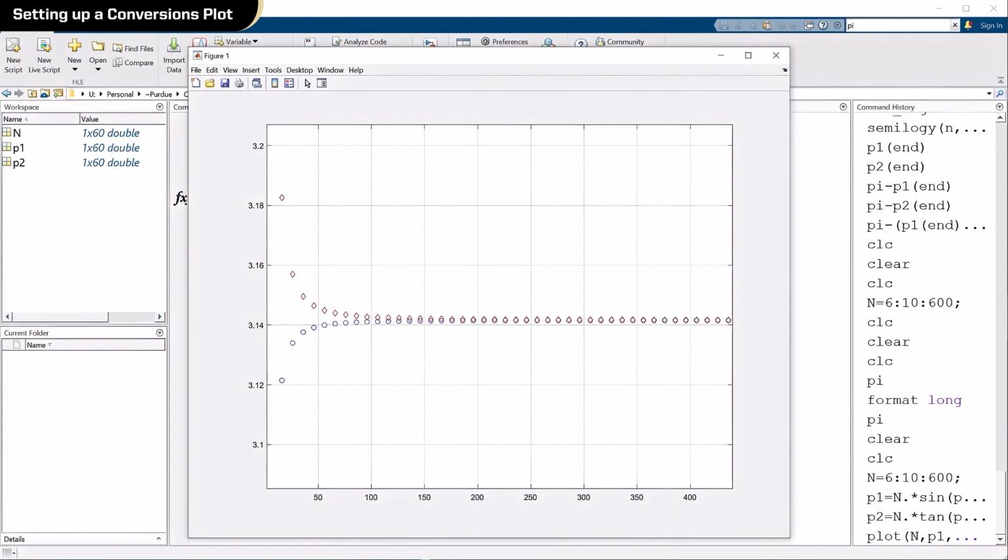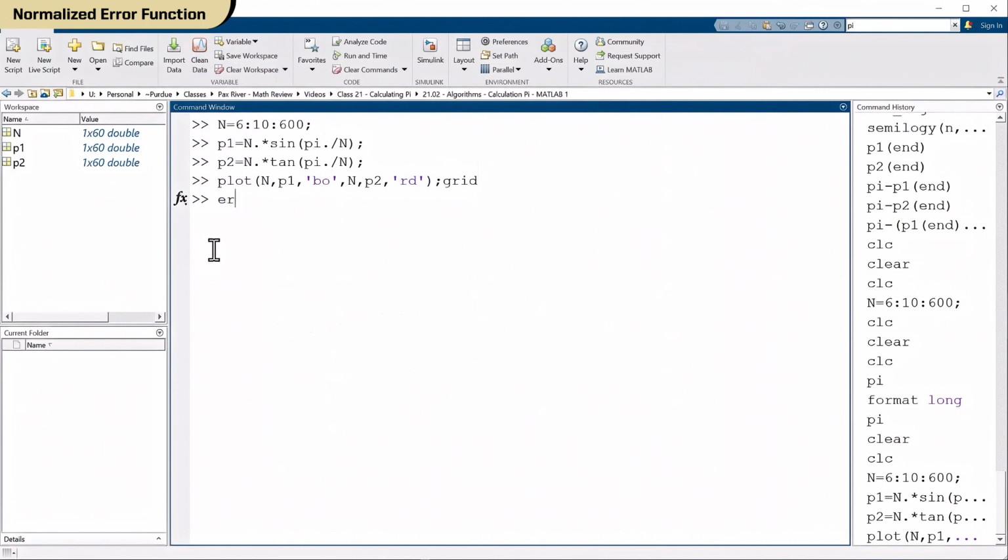Well, since we already have a precise value of pi programmed into MATLAB, let's make a normalized error function. That'll be a lot easier to look at. Let's get rid of that. We'll call it ERR1. And I use the absolute value of pi. Now, pi in MATLAB, that's just the value of pi that's programmed in.